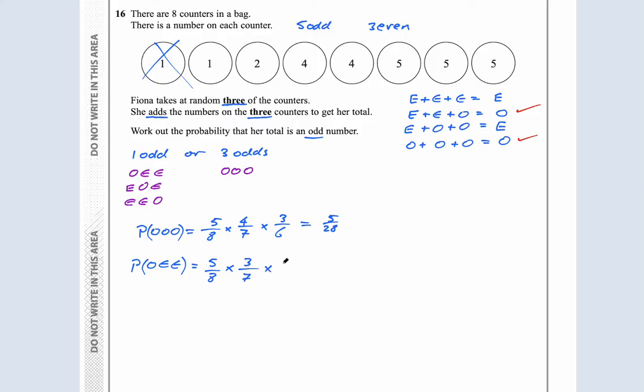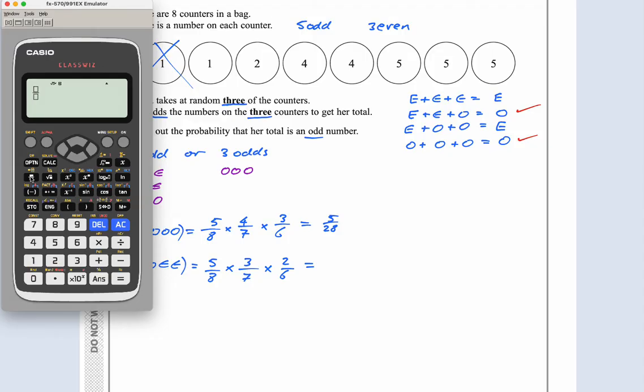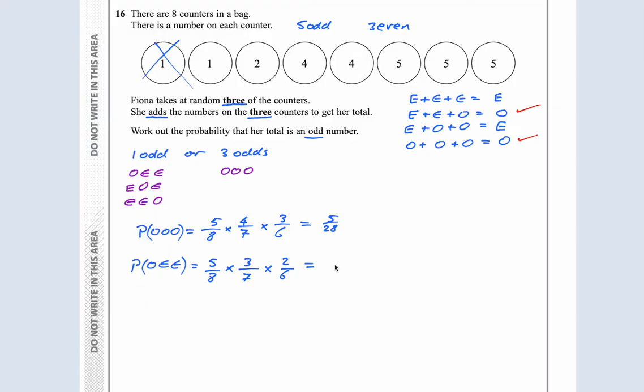Similarly, now I've taken an even, so there's only 2 evens left, and it's out of 6. So this is, I'll have to use my calculator again. 5 times 3, careful, times 2 over 8 times 7 times 6. 5 over 56.